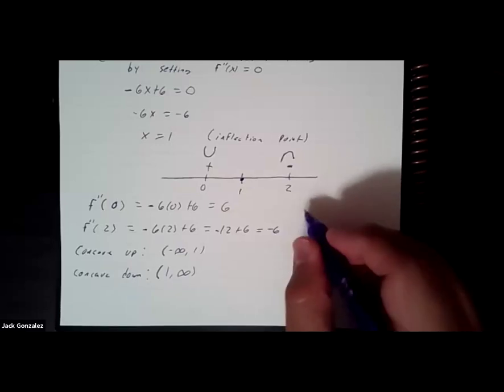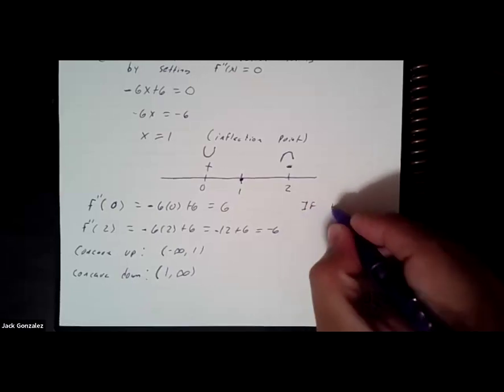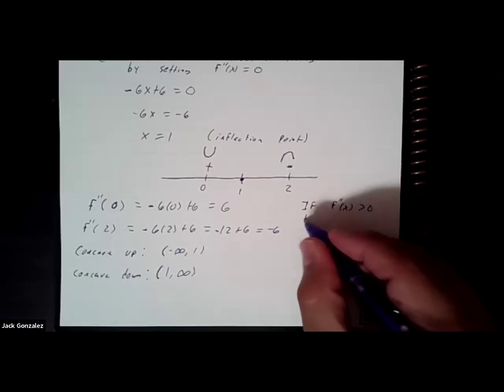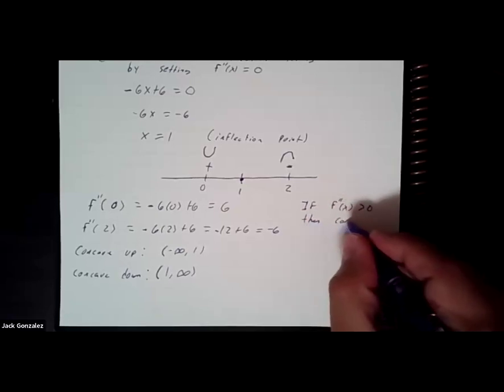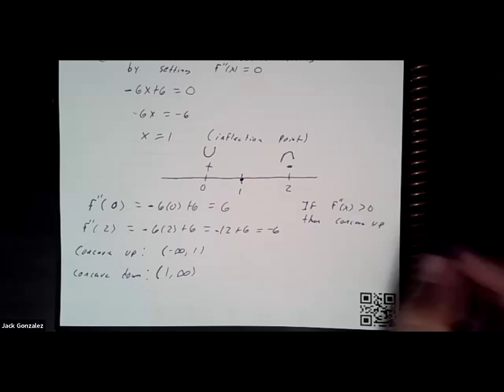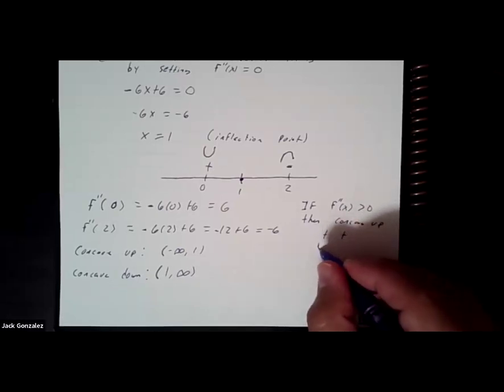So basically, if f double prime is greater than 0, then it's concave up, a happy face.